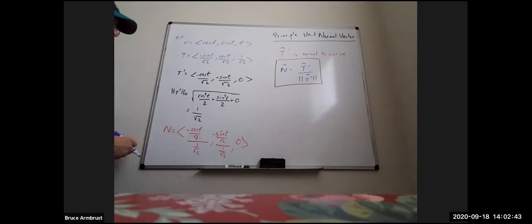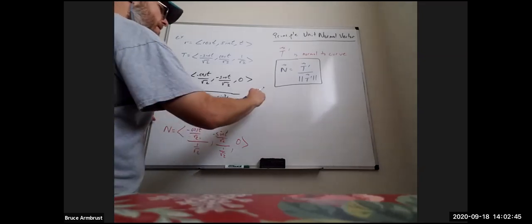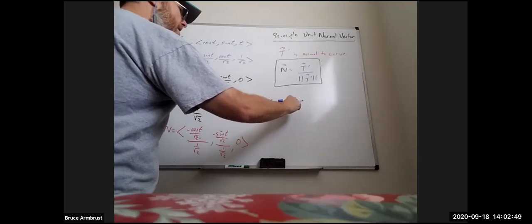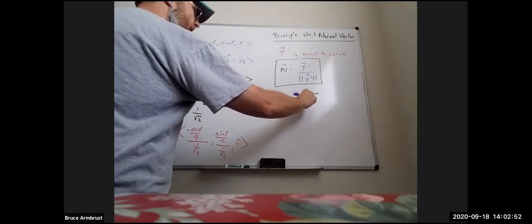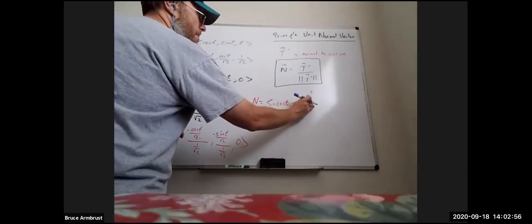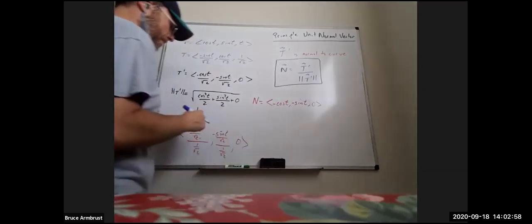But if I simplify that, those root 2's cancel, and I'm left with N equals minus cosine t, minus sine t, and then 0 is my third component.